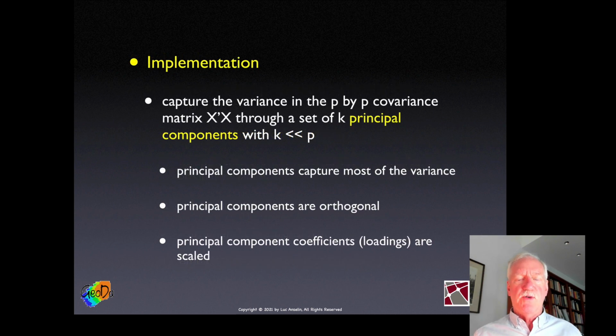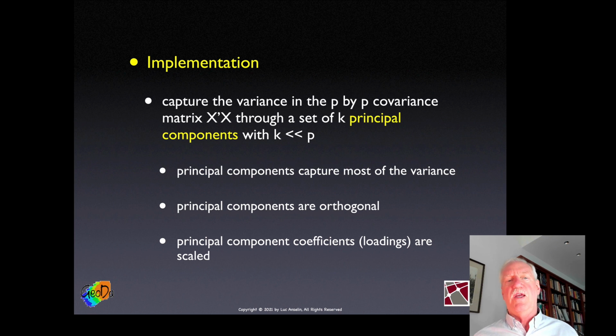So what we want to do, what our objective function is, is to capture the variance, or you can think of it as the information content, the variance-covariance matrix X prime X. If X is our n rows by P columns, the P columns are the different variables, we want to capture that variance as closely as possible by these K principal components.